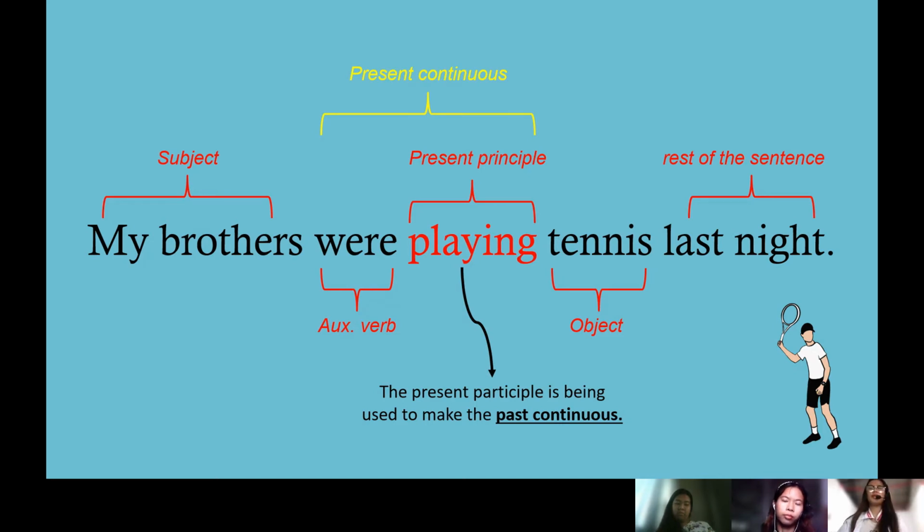So my brothers were playing tennis last night. Now we have were playing as our present continuous. Can you please tell me, is the action still happening at the moment? Are they still playing at the moment? Yes or no?